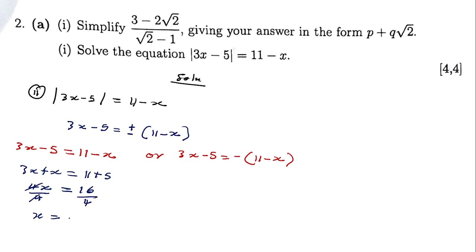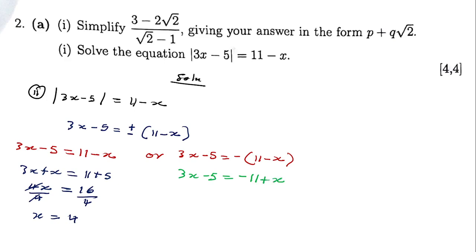Or we go to the other side and try to solve the other side. So the other side is 3x minus 5. We'll multiply there. So 3x minus 5 is simply equal to negative times 11, it's negative 11. Negative times negative x is positive x.